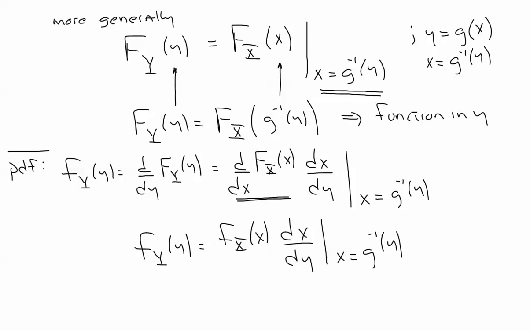And one last step, I'll summarize this once I get through a little bit more math. This is going to be the probability density function, functional form for x, substituting in g inverse of y, times the derivative with respect to y of g inverse of y.